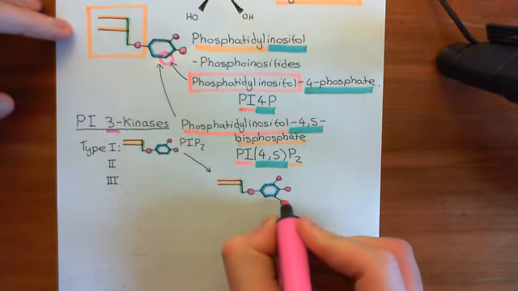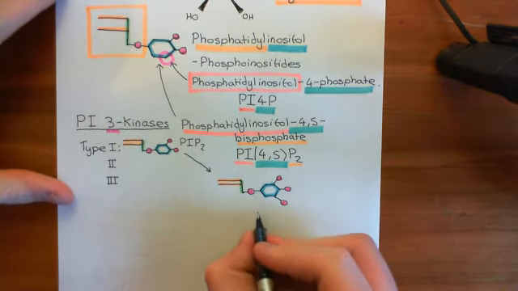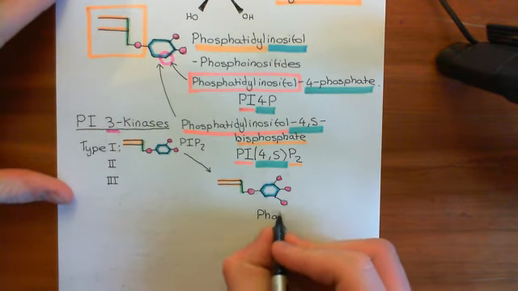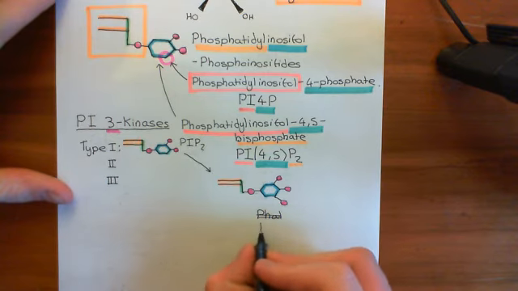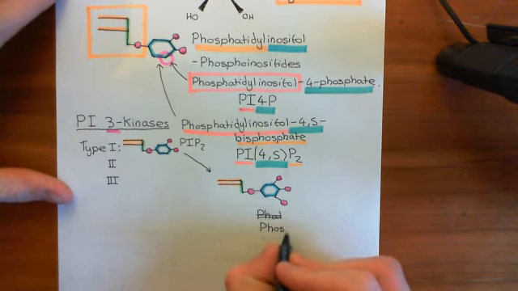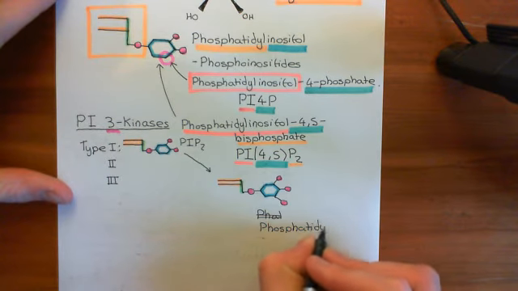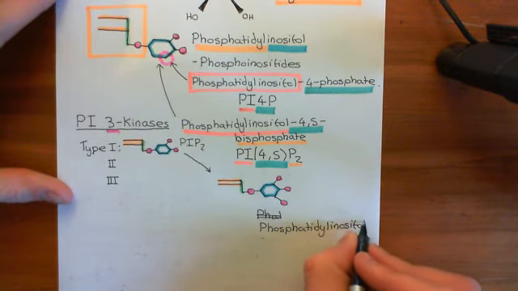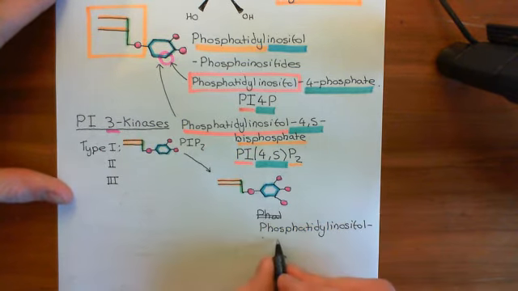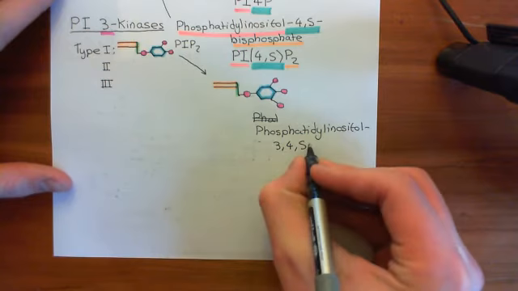Our final molecule here is known as phosphatidyl inositol, of course, because we still have the phosphatidylinositol molecule as our backbone, consisting of the phosphatidic acid attached to the myoinositol ring. But now we have 3 phosphate groups coming off, so this is 3,4,5-trisphosphate.